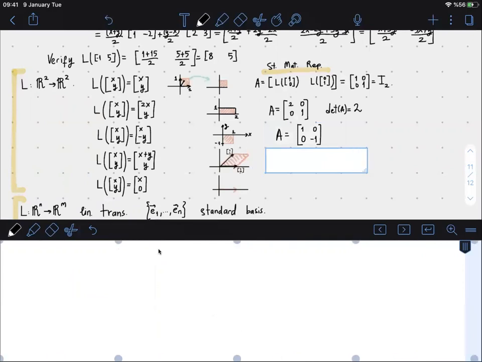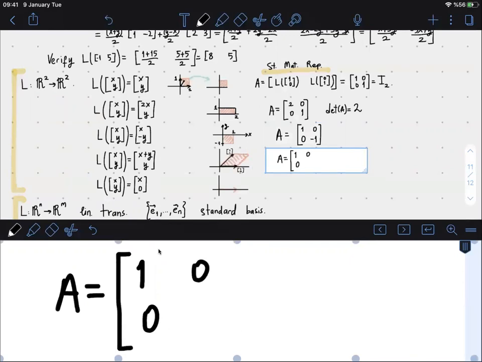What about this one? The image of 1, 0 is 1, 0. The image of 0, 1 is 1, 1. You see the determinant of this one is also 1, as we found out.